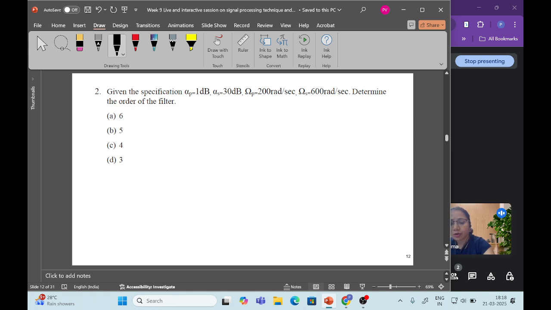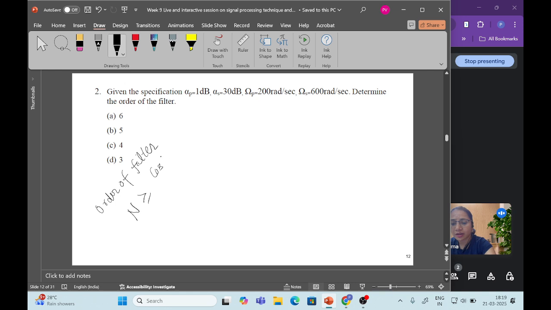To determine the order of the filter, n must be greater than or equal to the formula. Here, which filter design to use is not defined, so you can use any one.